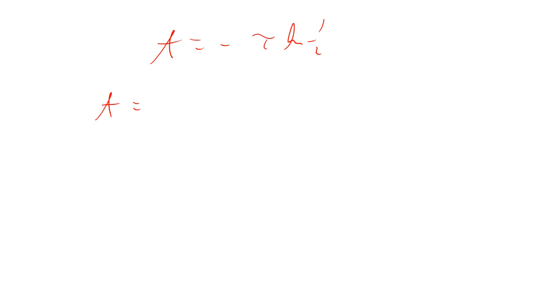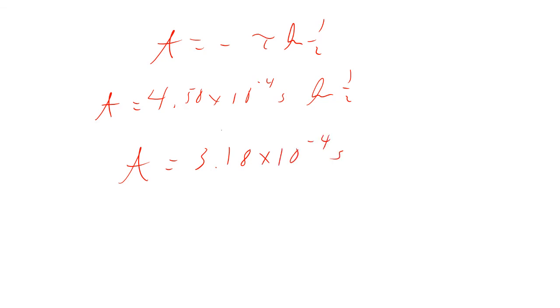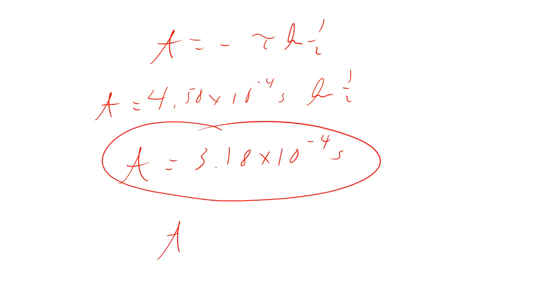So this will be 4.58 times 10 to the minus 4 seconds, natural log of 1/2. So the time is going to be 3.18 times 10 to the minus 4 seconds. Or in other words, that's going to be 0.318 milliseconds. So that's how long it would take for the current to drop to 1/2.